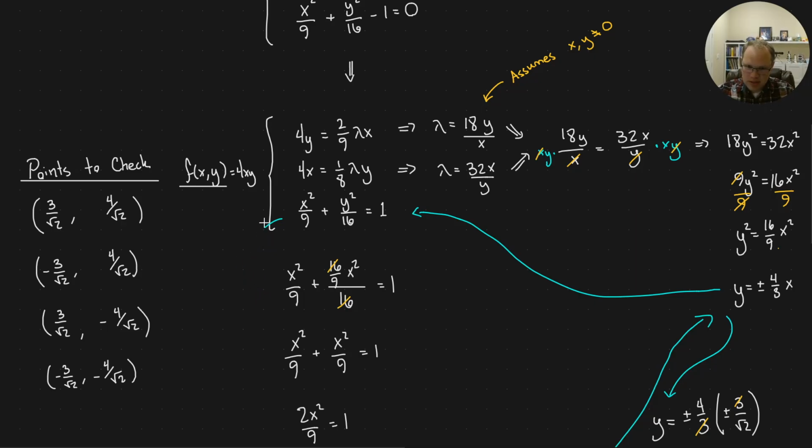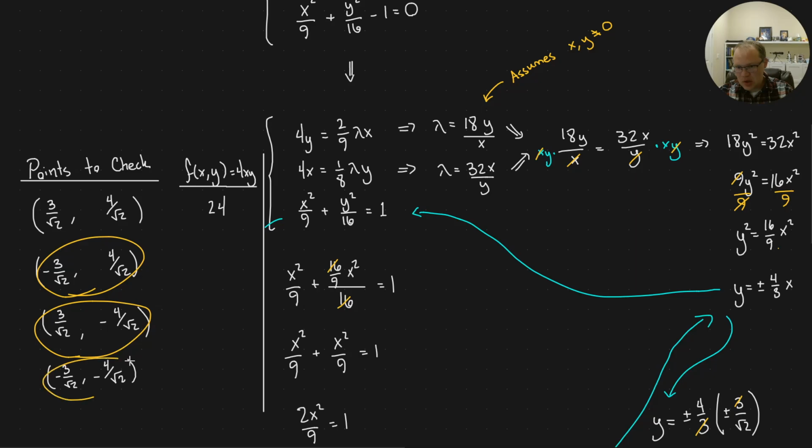Clear a little space here. All I'm going to do is take 4 times the x times the y. So the x times the y here, it's going to be 3 times 4 is 12 in the numerator and 2 in the denominator. So that's going to be 6 times 4 is 24. And notice it's going to be the same for all of these. The only thing that's going to change is the sign.